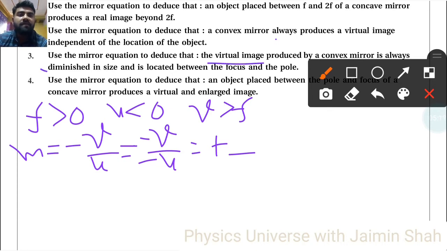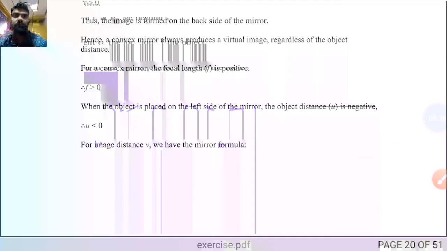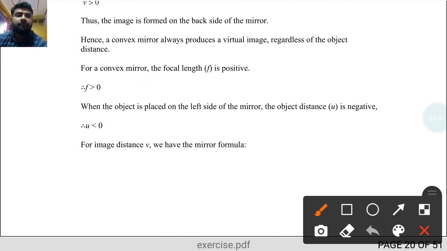Now a positive answer means a virtual image. For diminished in size, we need to check the location, whether it is between the focus and the pole. So for that third question, f is greater than 0 and u less than 0 for a convex mirror.